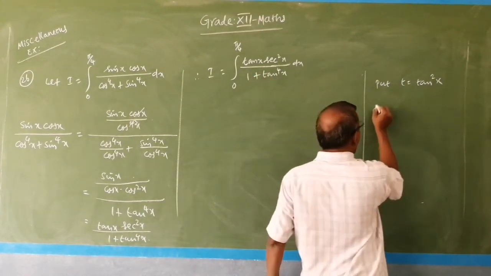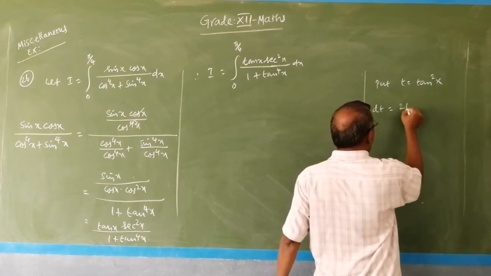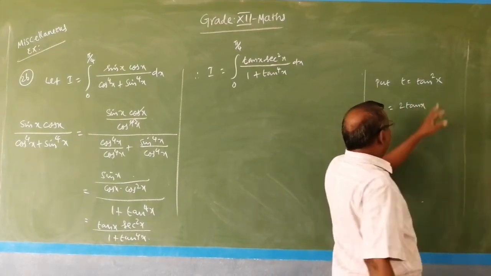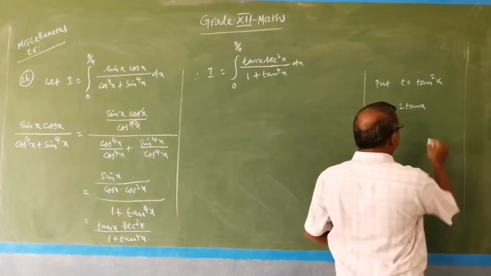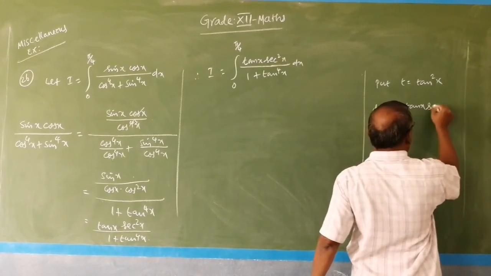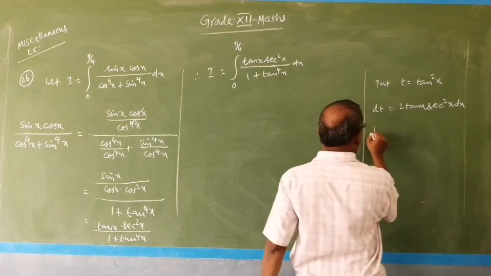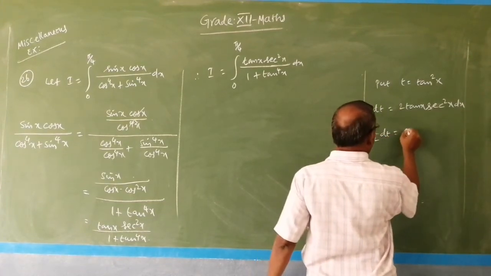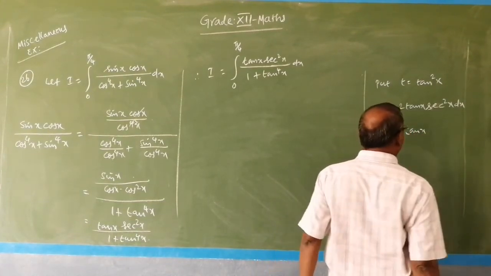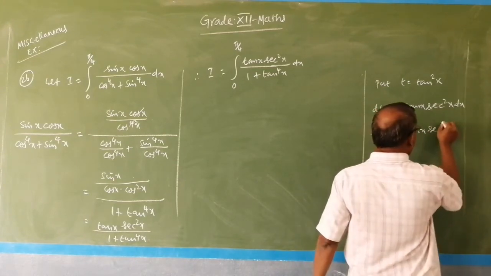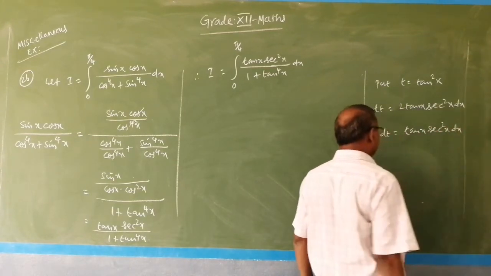So dt equals 2 tan x into secant square x into dx, and 1 by 2 dt equals tan x into secant square x into dx.